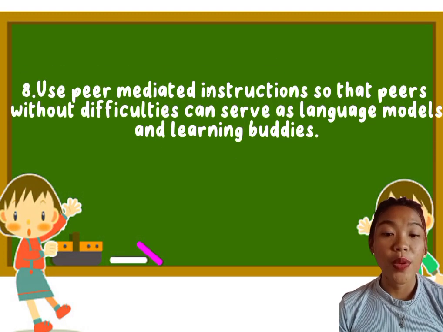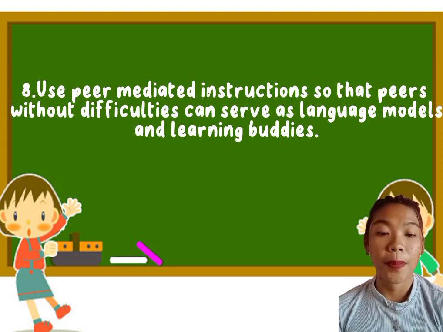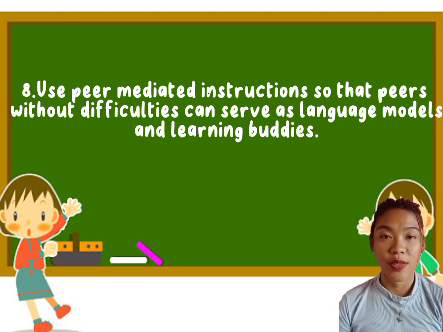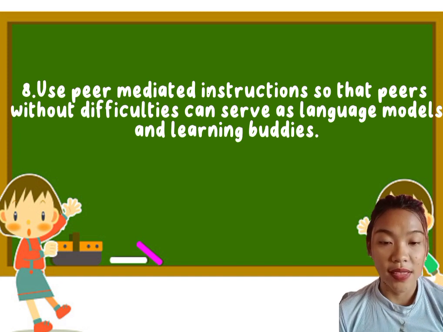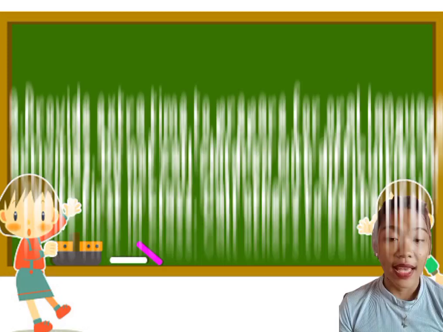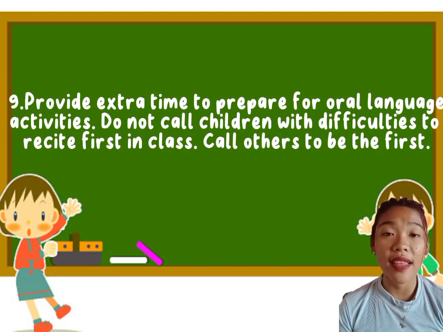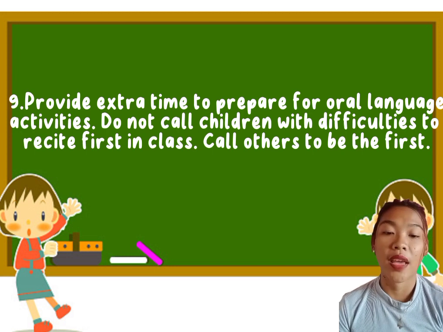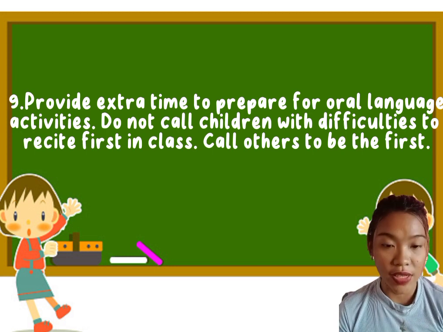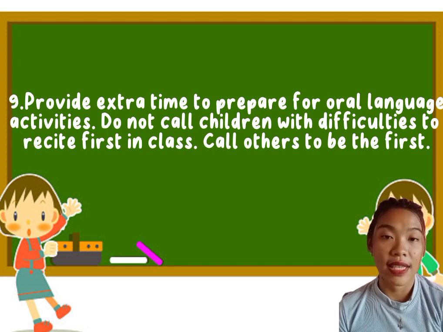8. Use premeditated instruction so that peers without difficulties can serve as language models and learning buddies. 9. Provide extra time to prepare for oral language activities. Do not call children with communication difficulties or disorders to recite first in class.